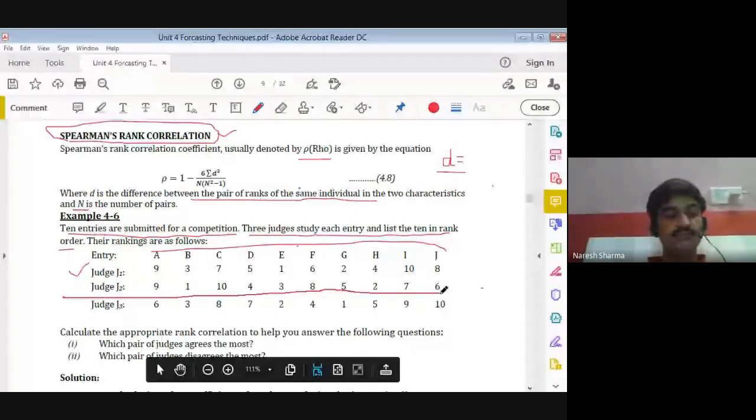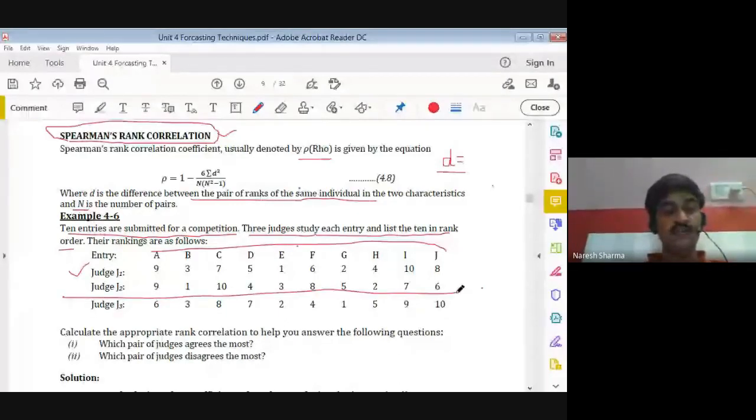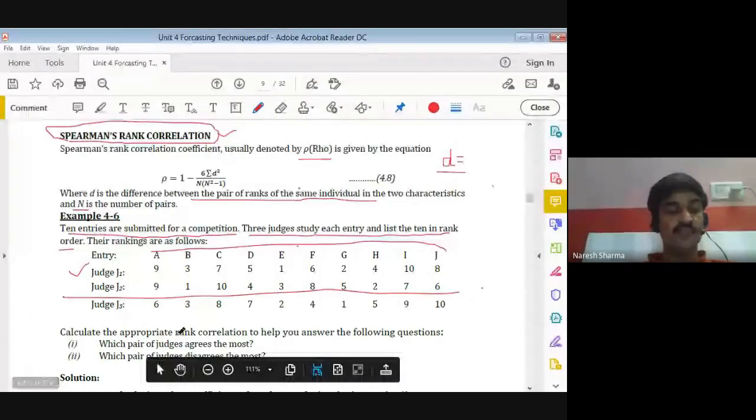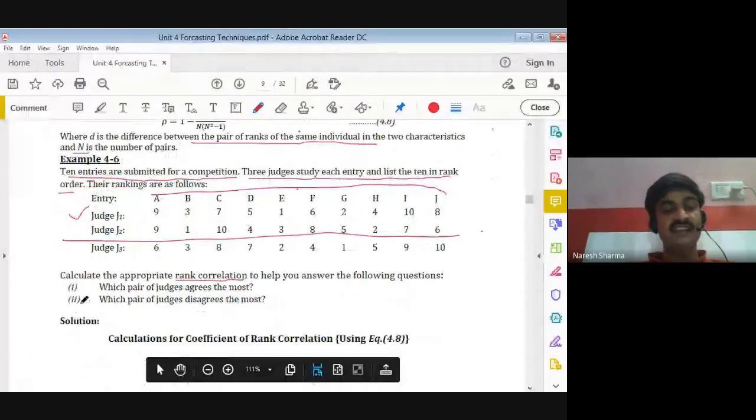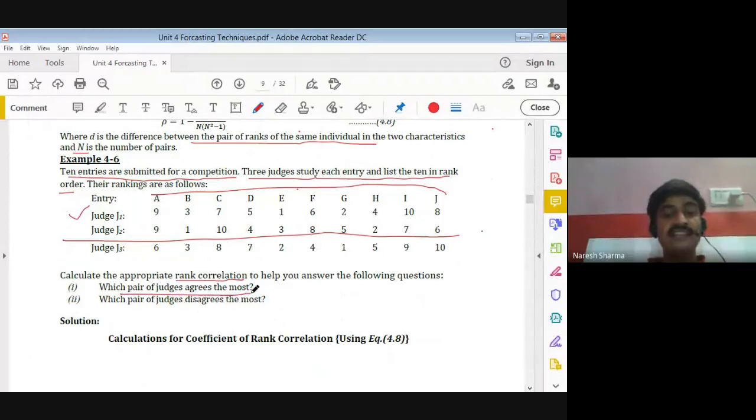So this is your problem. Calculate the appropriate rank correlation to help you answer the following questions. Which pair of judges agrees the most? Agreeing the most means they have similar decisions, which means their correlation is very good.